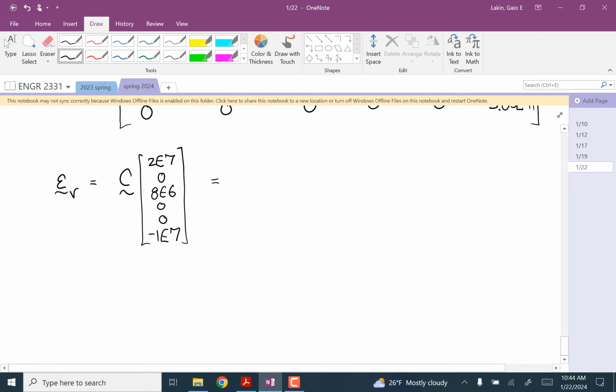And you come out with a strain of 0.000214, negative 0.00090, positive 0.00032, then 0, 0, and then the last element is negative 0.000304.